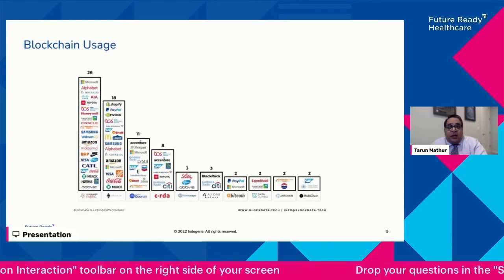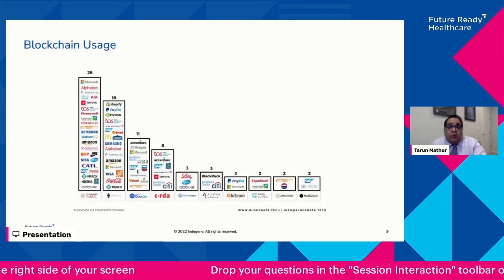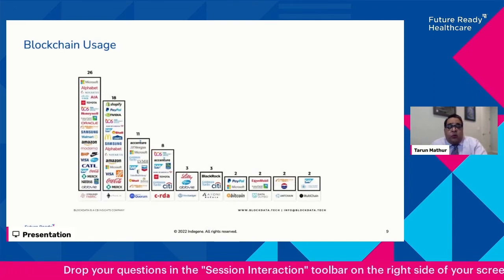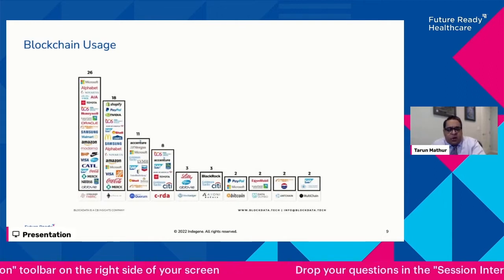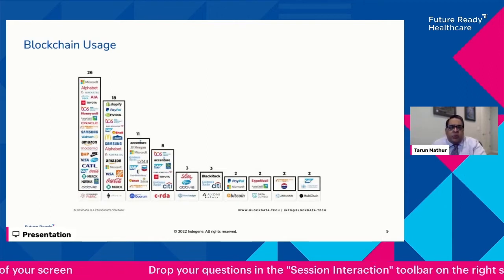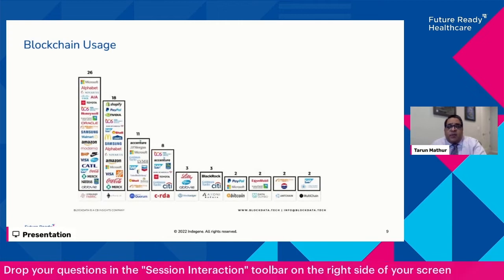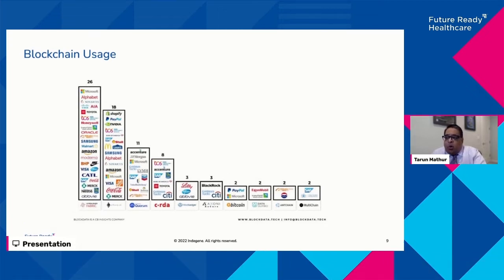Blockchain has certainly been around a little while. Enterprise use cases for this have been around, and we've seen not only the number of pilots and experiments, but even some starting to graduate into real scalable use cases. This is a recent report from Block Data, and if you look across the different logos, you'll see quite a few of our enterprise pharma customers listed here as well. The bulk of the platforms being used are private enterprise blockchains.